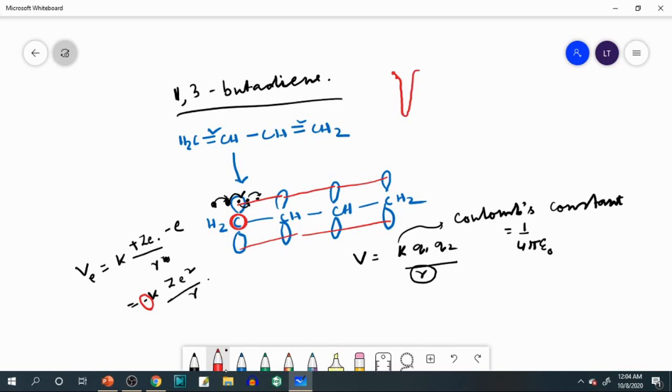Now the same thing will happen for the second carbon atom, so again we will get a curve like this. Similarly for the third carbon atom and the fourth carbon atom.